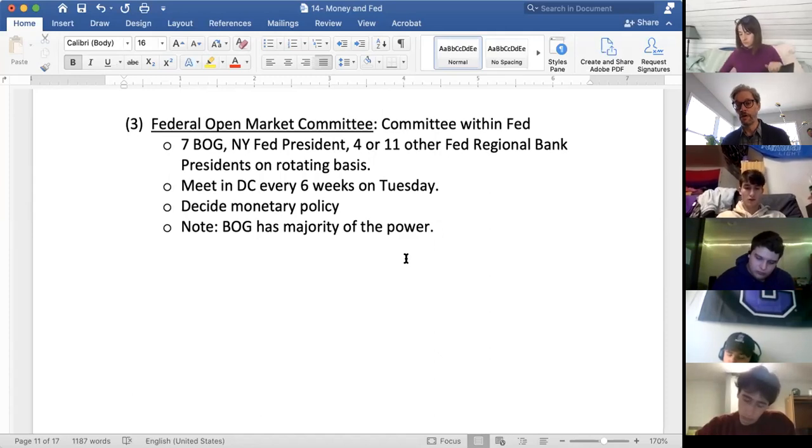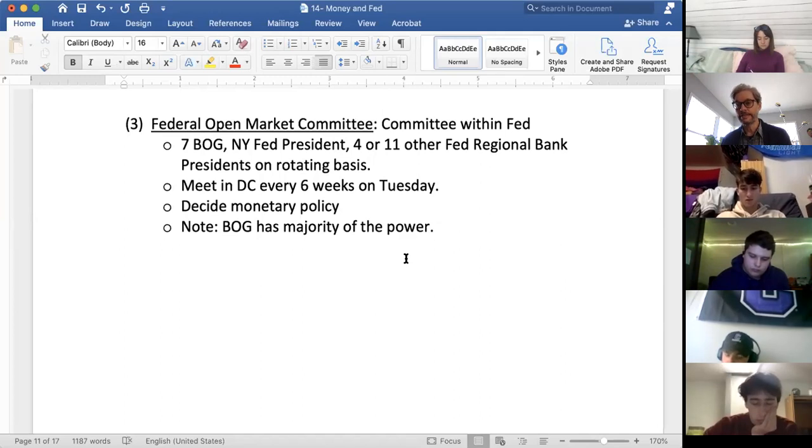Okay, so there's 12 people on this board. 7 of them are the Board of Governors. 1 is the New York Fed, and then 4 of the other 11 that rotate amongst themselves. This is the group that actually sets monetary policy. Okay, so in terms of the big decisions related to monetary policy, this is the group that sets it.